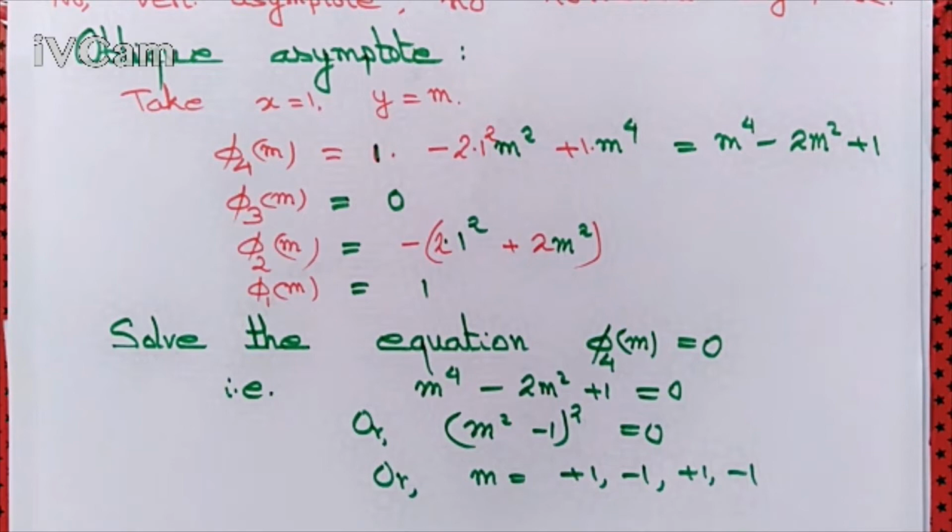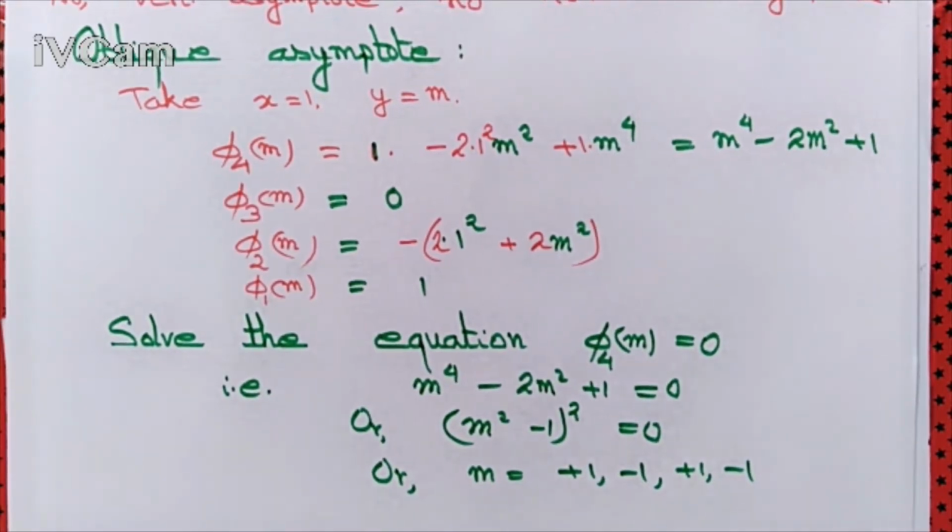It is of degree 4. It can have at most 4 roots and each of the roots is repeated. Next step. Here m will denote the slope and we will find the equation of the asymptote in the form y equal to mx plus c, where c denotes the y-intercept.